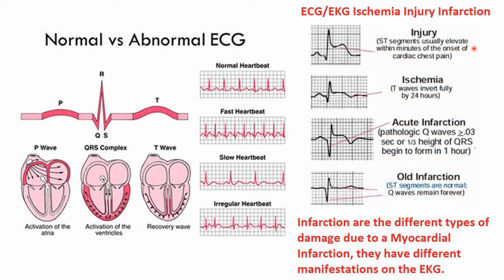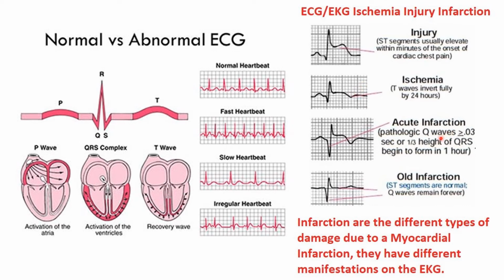So, if there's an injury, the ST segments usually elevate within minutes of the onset of the cardiac chest pain. So, kung makikita nyo, hindi siya yung normal na ST wave. Kapag naman may ischemia, T-waves invert fully by 24 hours. So, imbes na magkaroon ulit ng depolarization, kumbaga ang nangyayari is yung T-wave lang, hindi na umaakyat ulit to repolarize or depolarize.